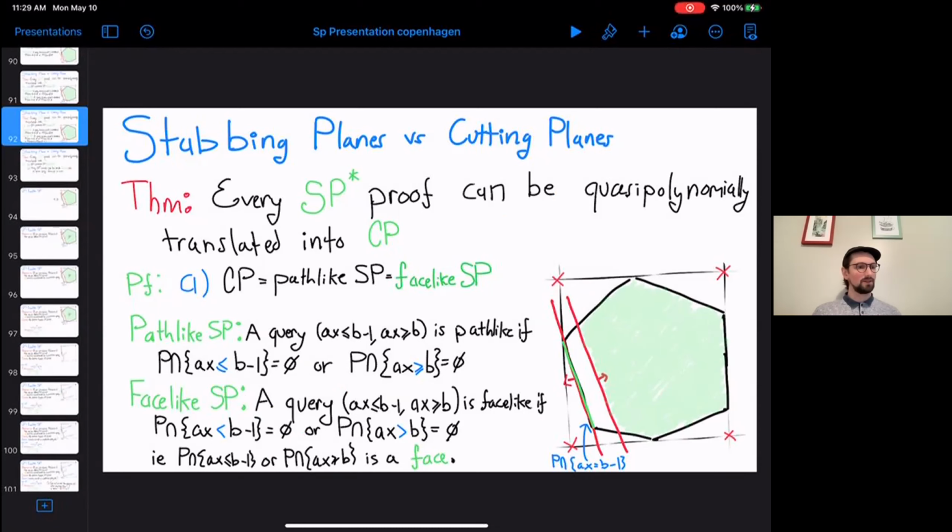And so I'm not sure if there would be a tree-like communication model for it, at least one where you're remembering half spaces at every node. You could maybe do something where you remember polytopes, but then I feel like I would just be redefining stabbing planes in the communication world.